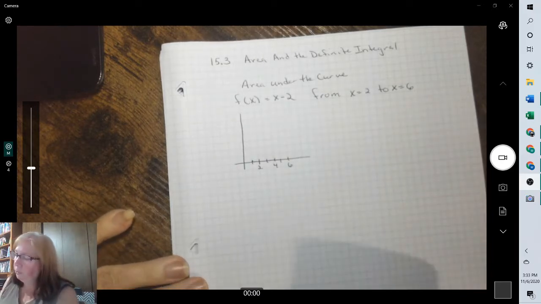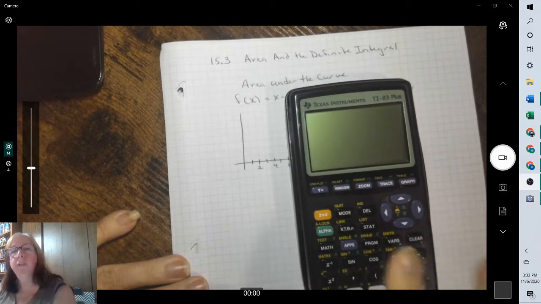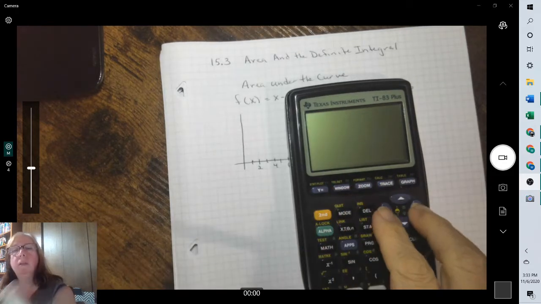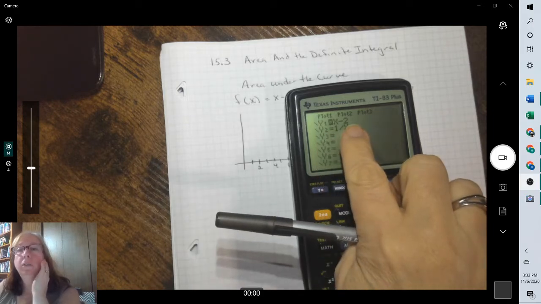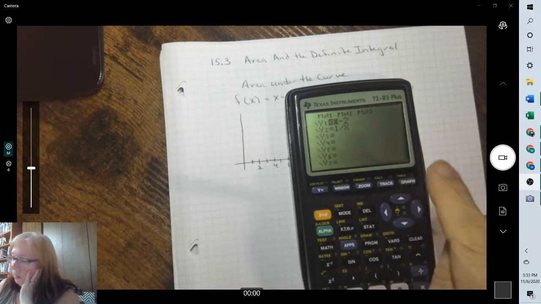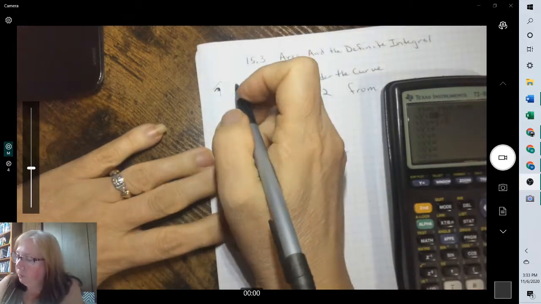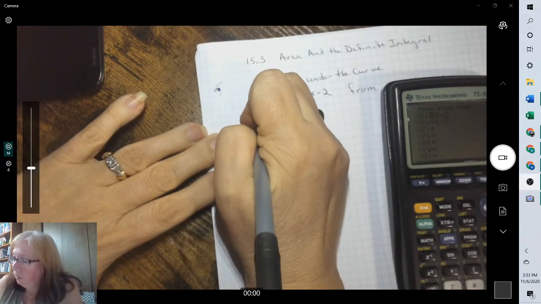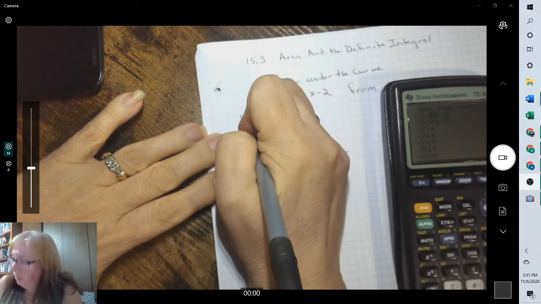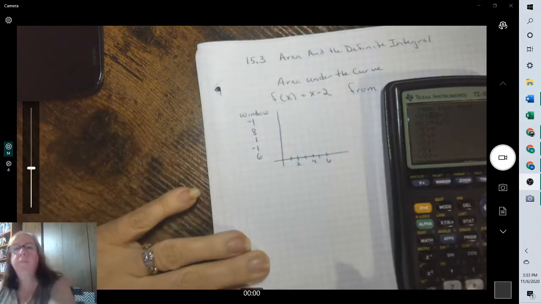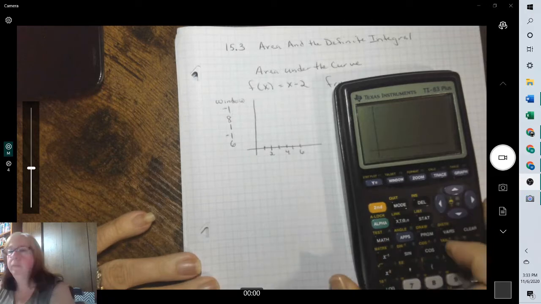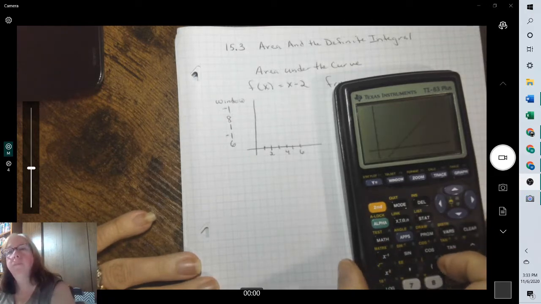Now we know it's a straight line, but we could graph it using our calculator. I already plugged it in, so x minus 2. And if you are going to graph it, a window you could use is -1, 8, -1, 6. You have this graph.